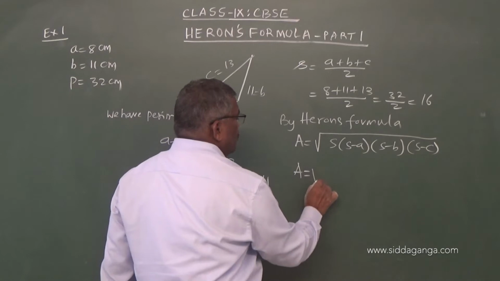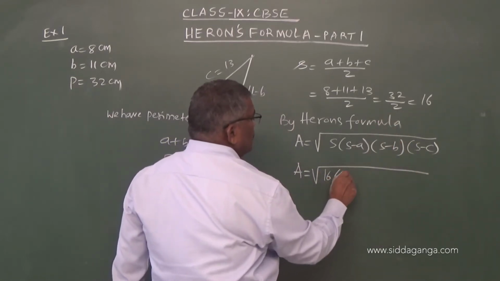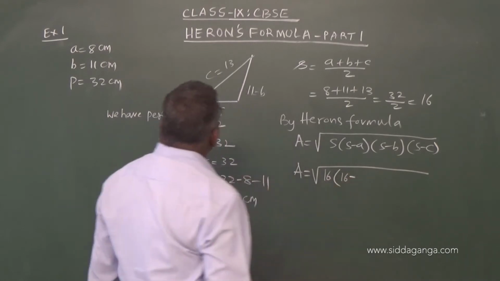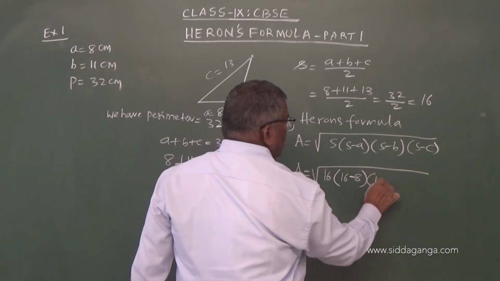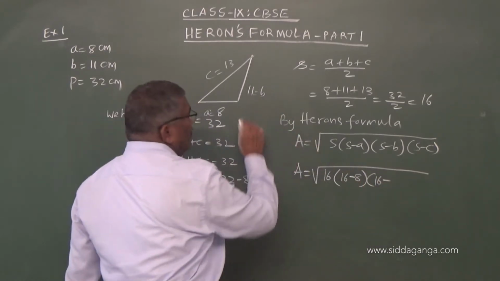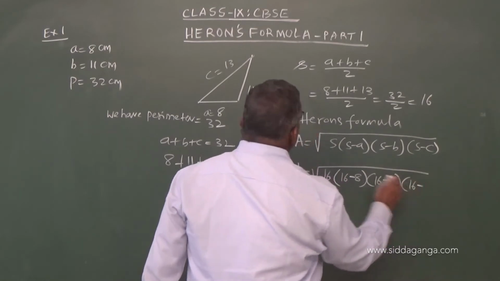Area equals square root of 16, s is 16, 16 minus A is 8, 16 minus B is 11, 16 minus C is 13.